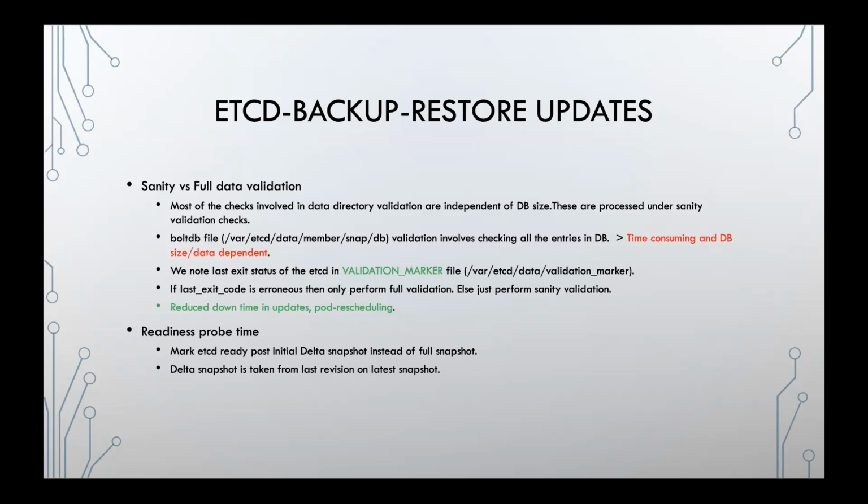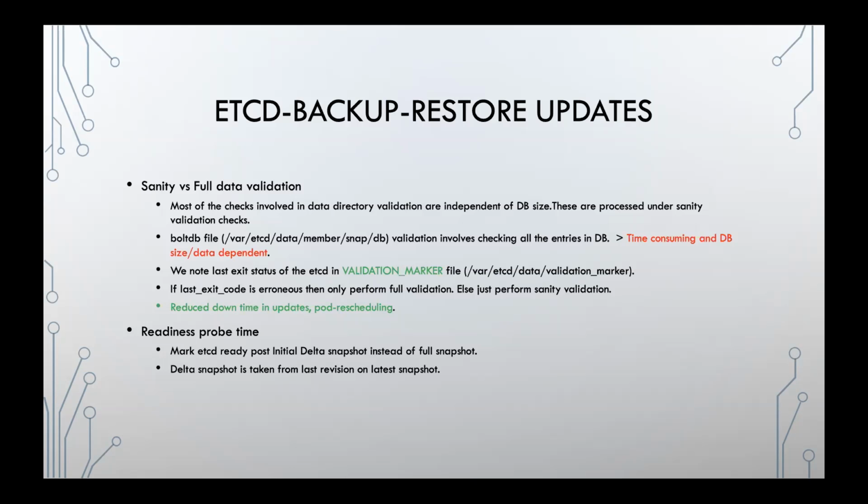So what we do now, as a part of the ETCD bootstrap script, is note down ETCD's last exit status, and if that is success, like graceful termination, we say okay, ETCD might be terminated because of pod rescheduling or an update event, in which case Kubernetes itself gives an event that deletes the ETCD pod.